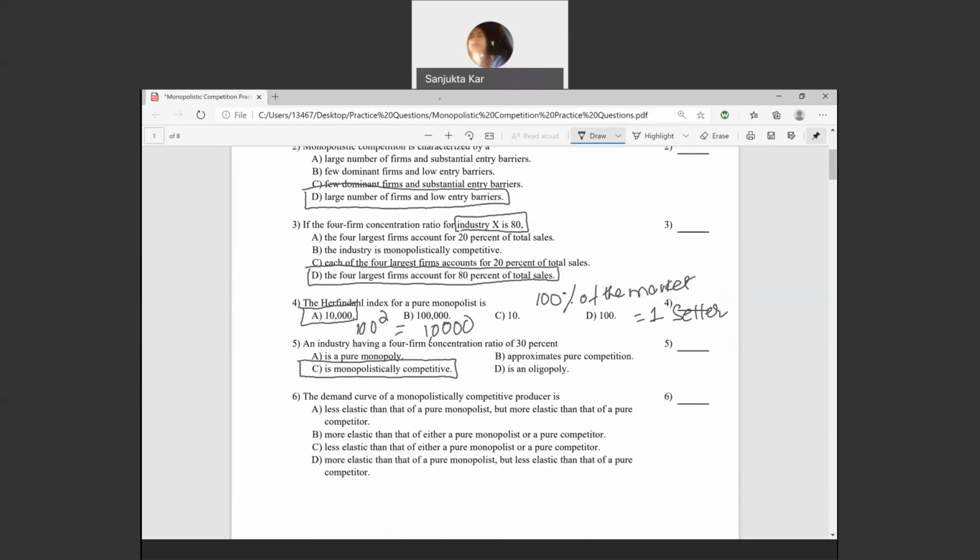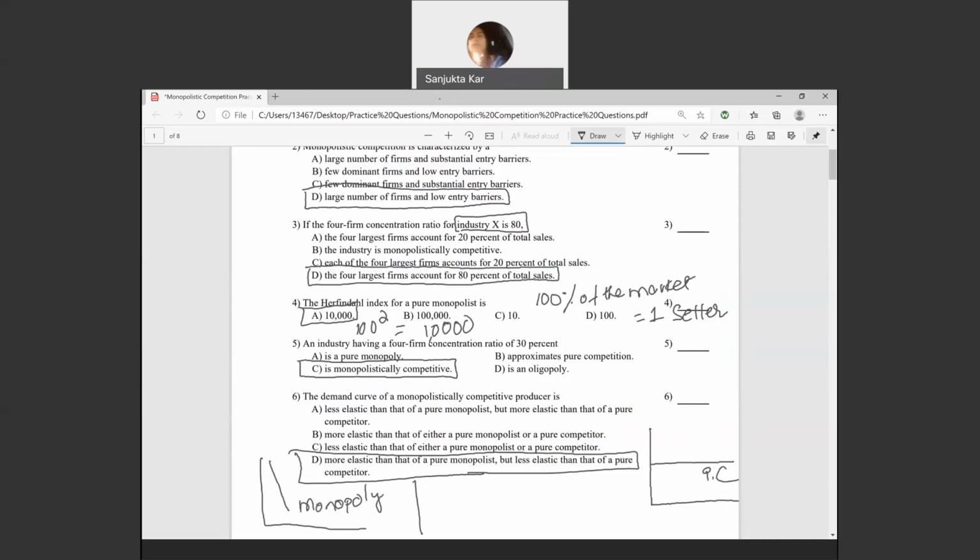Question number 6, the demand curve for a monopolistically competitive producer is more elastic than a pure monopolist, but less elastic than a perfect competitor. So it's going to be like this. For a purely competitive market structure, this is the demand curve. For a monopoly, this is going to be this one, kind of steep.